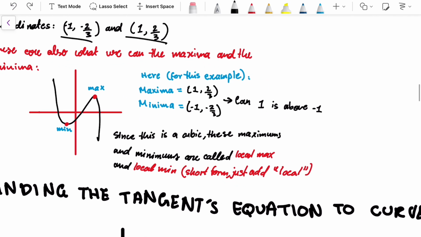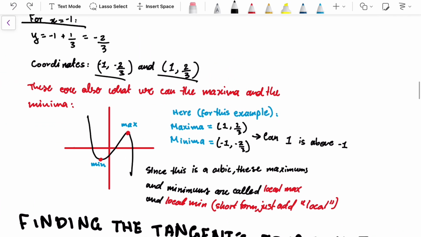So here for this example, the maxima is going to be 1 and 2/3, because obviously if you look on the x-axis, if this is the graph of that equation that we have to start with, then when there is a 1, this is going to be the maxima, because if this is minus 1, this is 1.